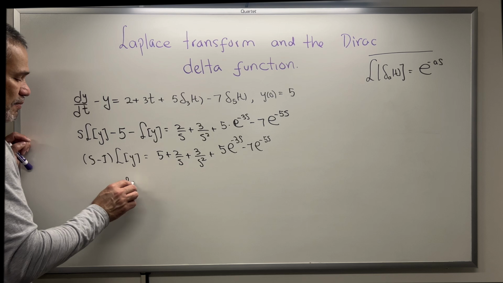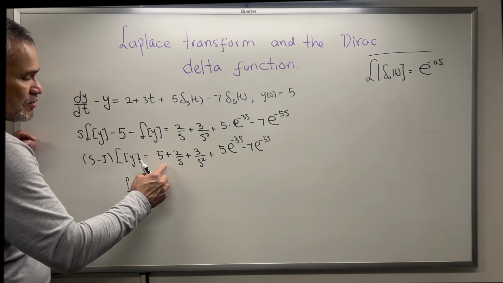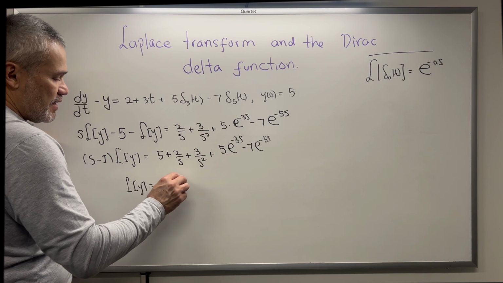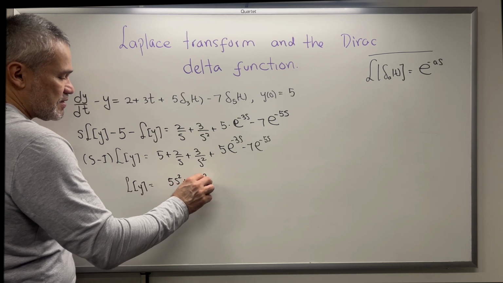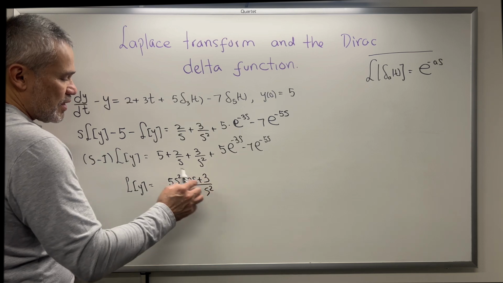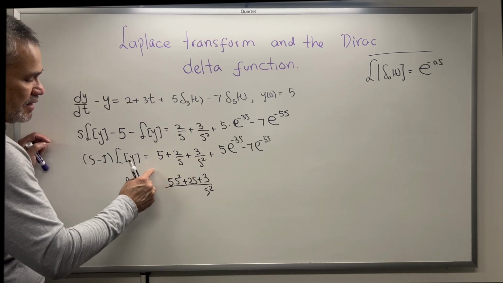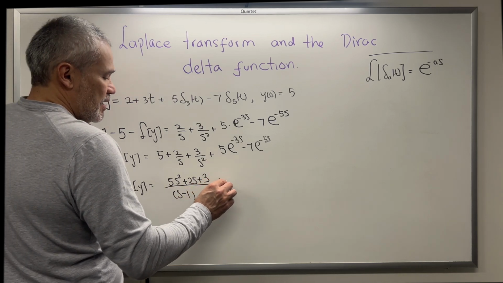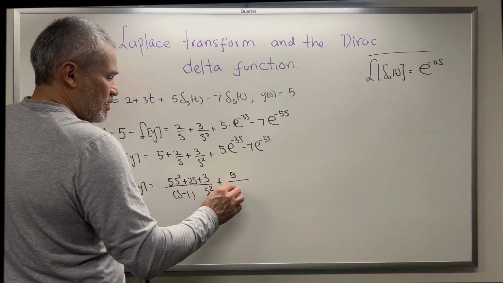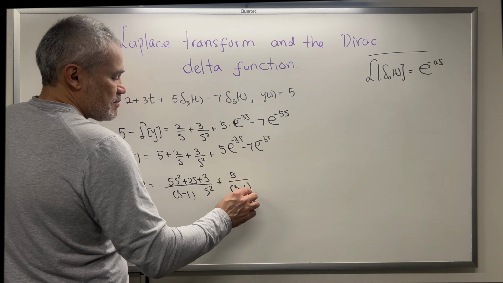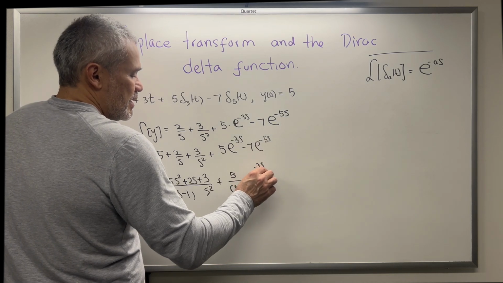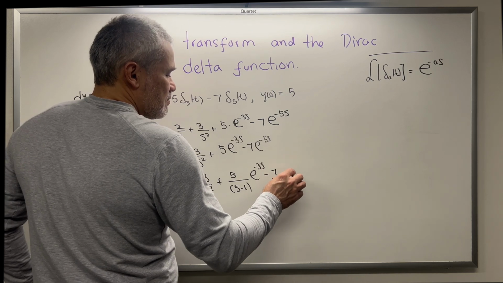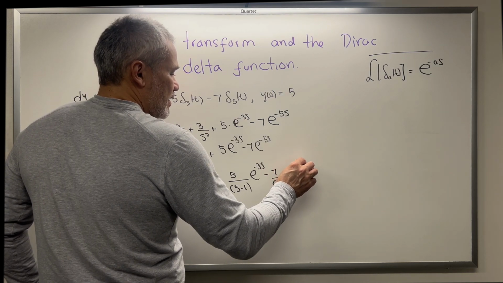And then the Laplace transform of y is equal to, let's combine these three, 5s squared plus 2s plus 3 over s squared. The common denominator is s squared here, and we are dividing by s minus 1, and plus 5 over s minus 1 e to the negative 3s minus 7 over s minus 1 e to the negative 5s.